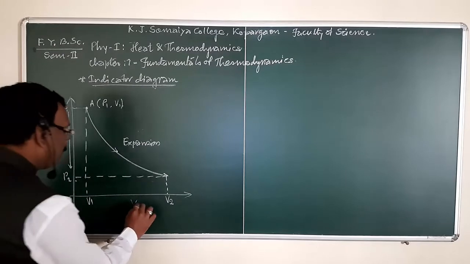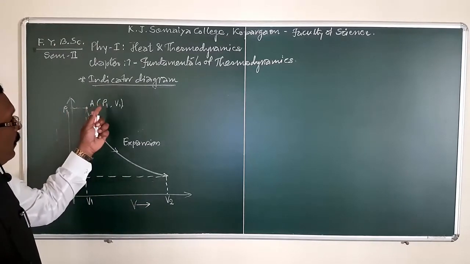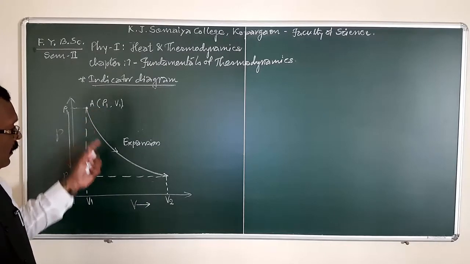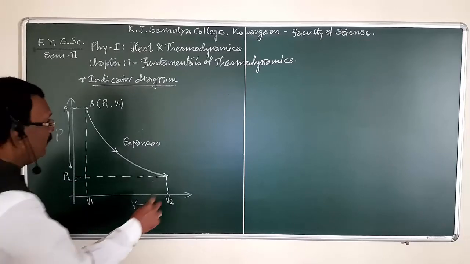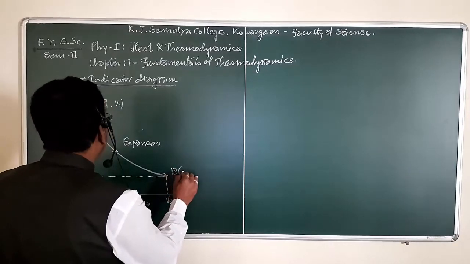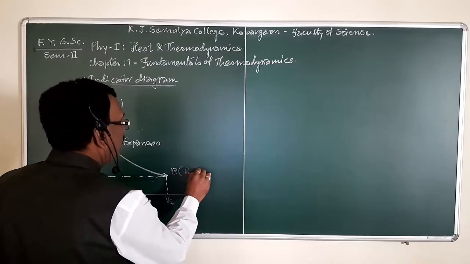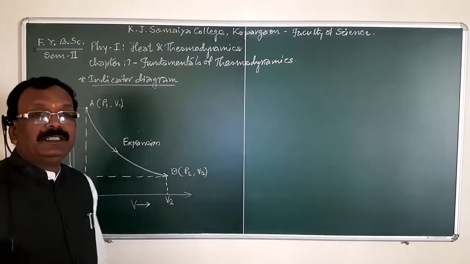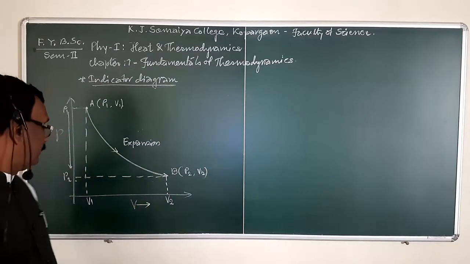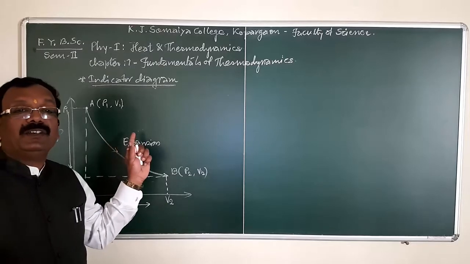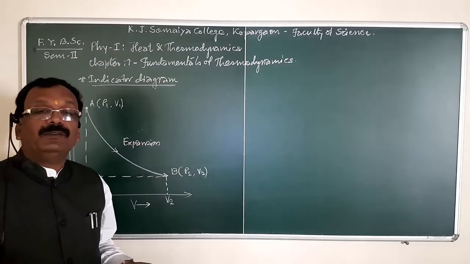Here, as volume increases, pressure decreases, and there is a change in pressure and there is a change in volume. But if temperature remains constant, and finally we come to the point B, where pressure is P2 and volume is V2. In this way, we can graphically represent the change in state of a system with the help of parameters pressure and volume.